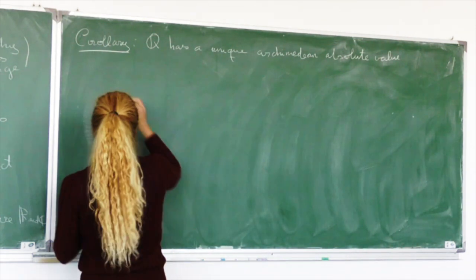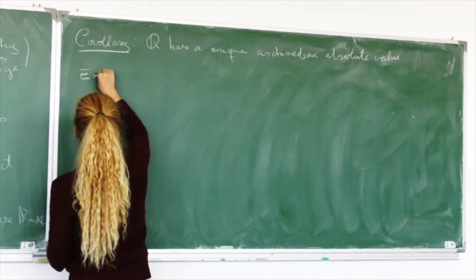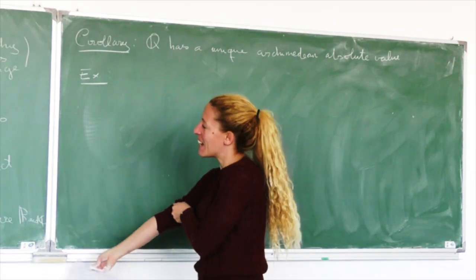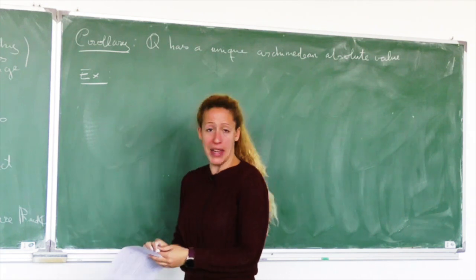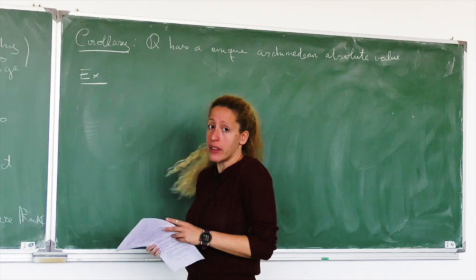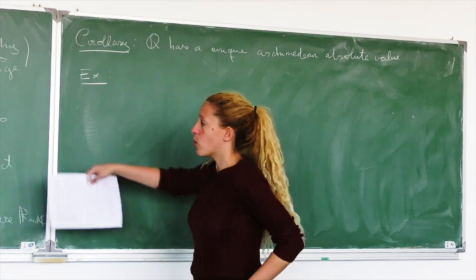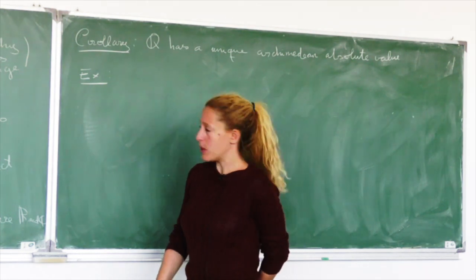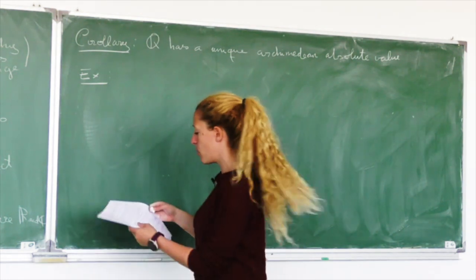Okay, so maybe it's the moment to do a small example before I go further. I'm going to do an example with the p-adic numbers. Again, I hope that you have already seen p-adic numbers, because it's good for all the examples with these things. But if you haven't, it's not a problem, okay? So you will see here the example.